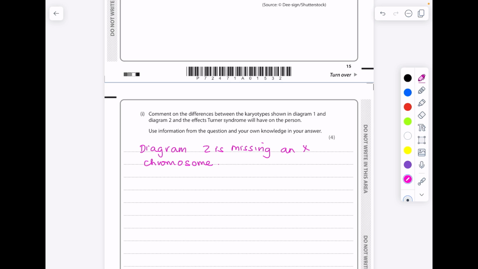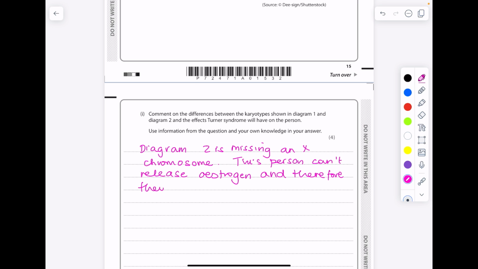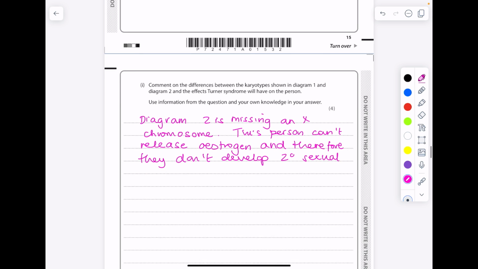Well, that means that this person might not necessarily be able to undergo the usual changes at puberty because they can't release estrogen, and therefore they don't develop secondary sexual characteristics. Also, that lack of estrogen means they might not be able to repair their uterus lining.